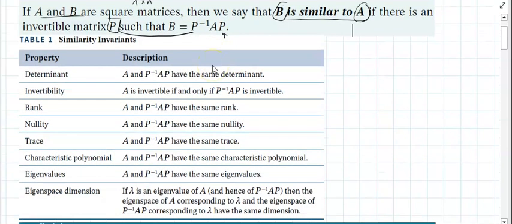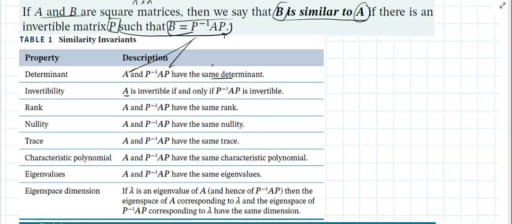Now, we really don't need all of those. Really quick, the determinants of similar matrices are the same. So both of those have the same determinant.